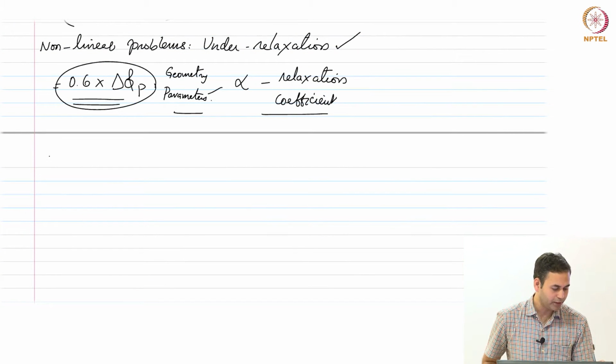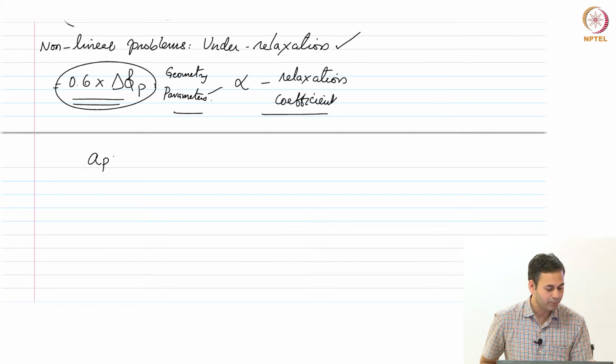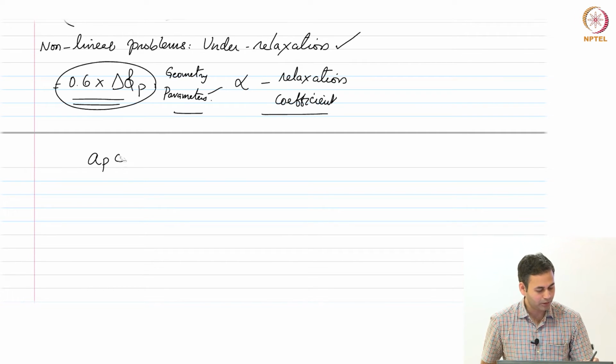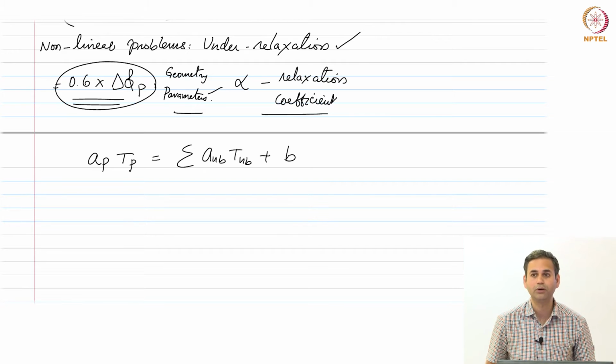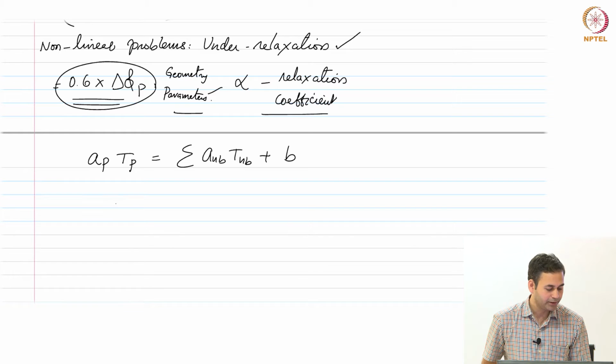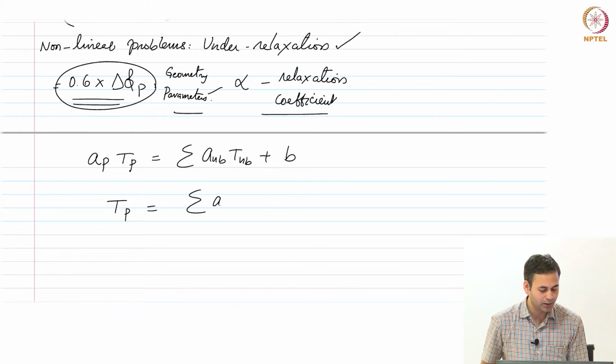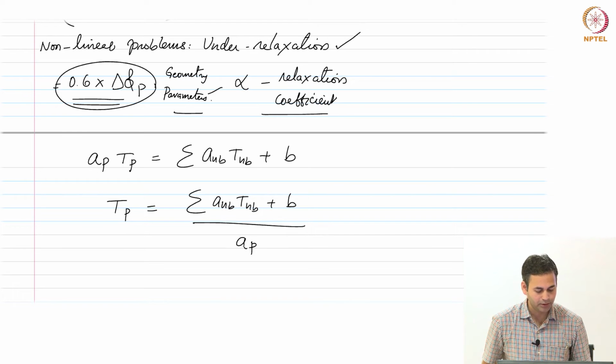So, if we have Gauss-Seidel, our original linear algebraic equation is AP TP equals sigma A nb T nb plus B. This is our original linear algebraic equation after discretization. Now, we can rewrite this equation as Tp equals sigma A nb T nb plus B upon AP, where we are of course using some star values for the T nb in our Gauss-Seidel method.